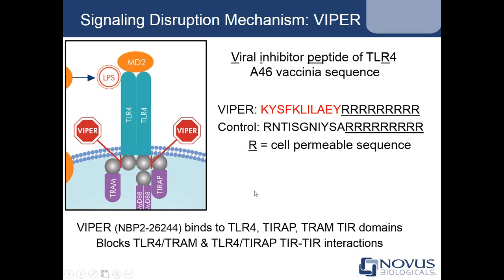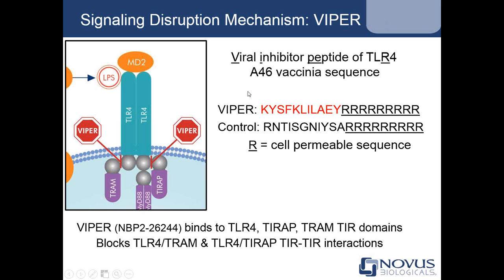Other inhibitors, which I'll show you, have other specific inhibitory features. And then in the control peptide we have the cell permeable domain and a scrambled sequence, so it is not expected to bind here, but rather it just gets into the cell and serves as a control.